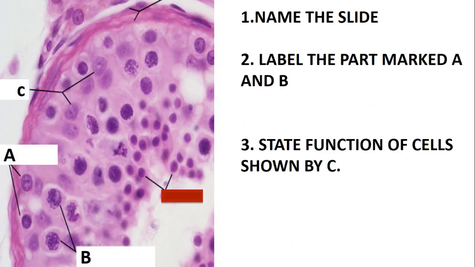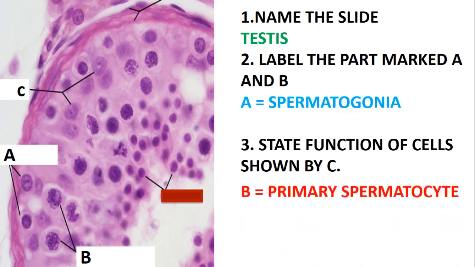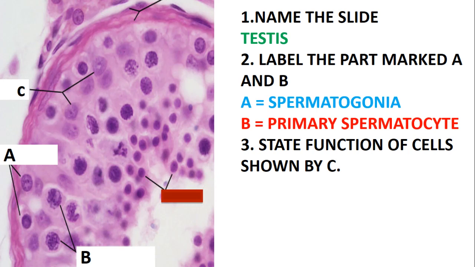Okay, name the slide. If we look at this slide, it is just the testes. Label the parts marked A and B. A is just simply the spermatogonia, and B is just the primary spermatocyte.